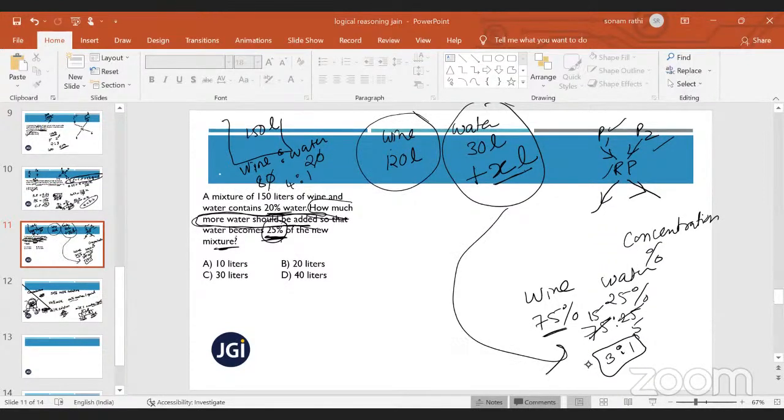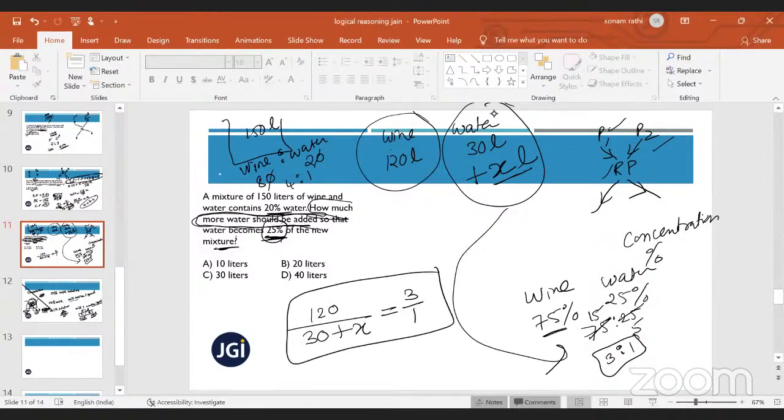So 120 upon 30 plus x should be equal to 3 is to 1. Solve and tell me the value of x.